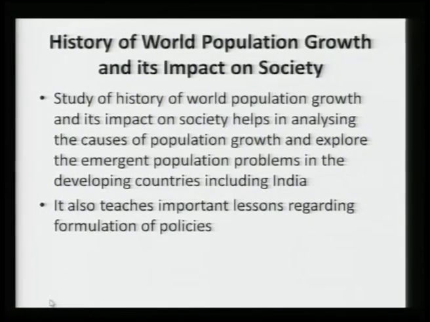It also teaches some important lessons regarding formulation of policy. What I mean is that when we talk about population of India, we students of population in India are certainly more concerned about population of India, but history of population of India cannot be seen in isolation. It has to be placed in the context of world population growth.